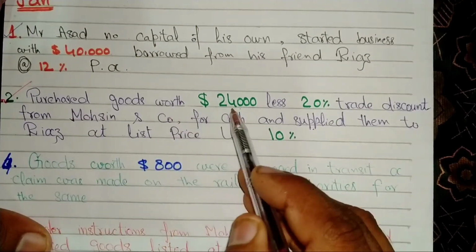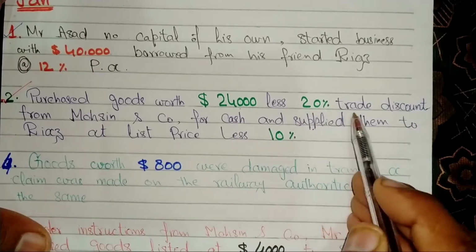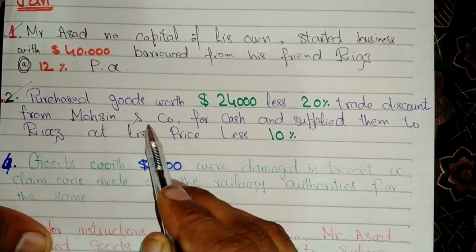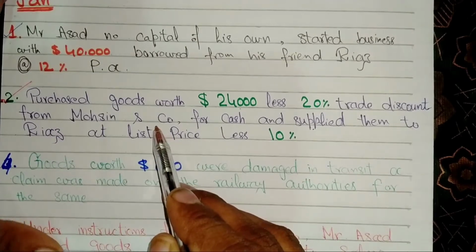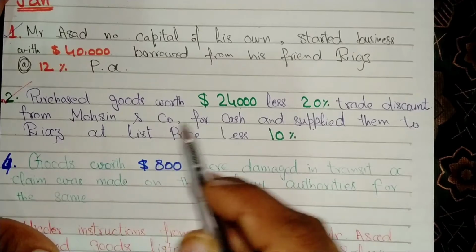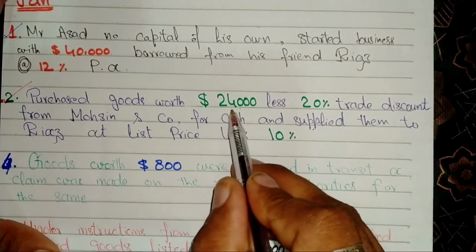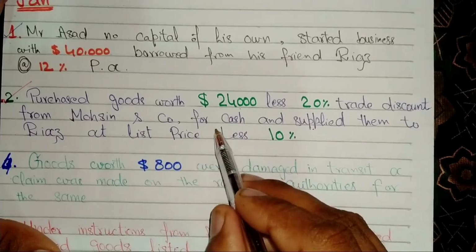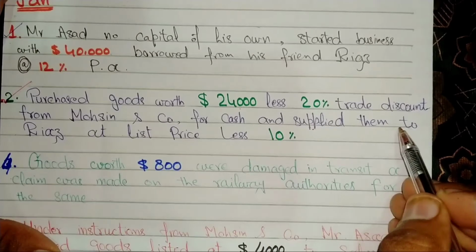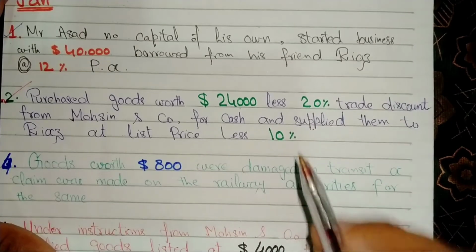Purchased goods worth $24,000 less 20% trade discount from Mohsin and Company, our supplier, for cash, and supplied them to Riaz at list price less 10% discount.